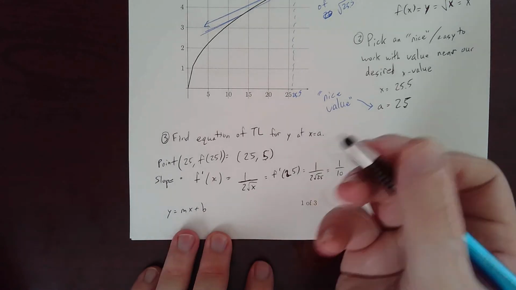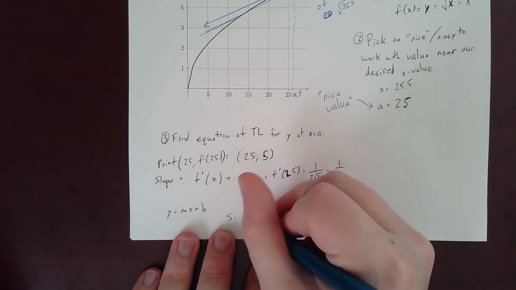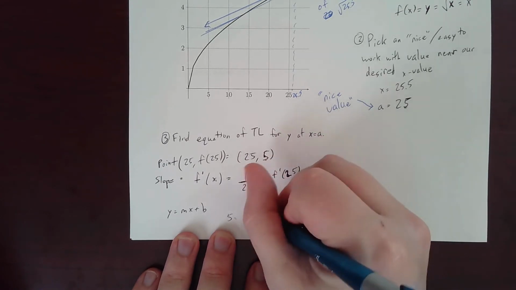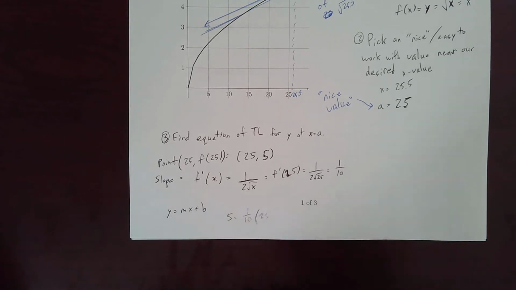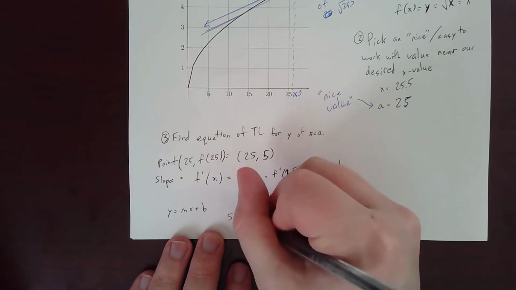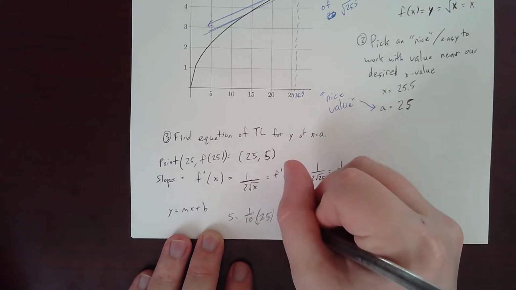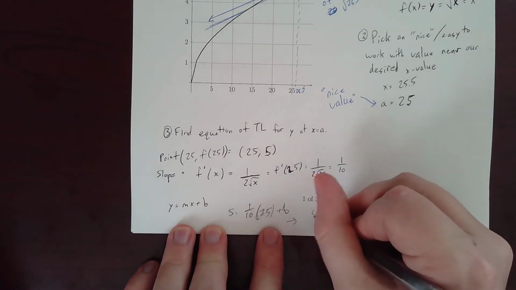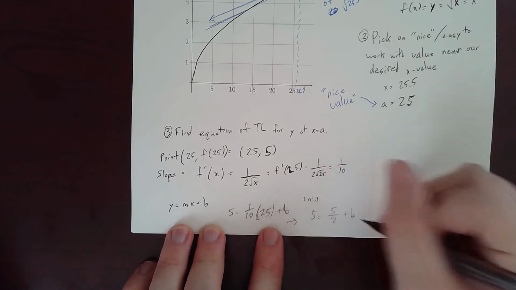So in finding our equation, we have 5 equals 1/10 times 25 plus b. And so this will give us 5 equals 5 over 2 plus b.